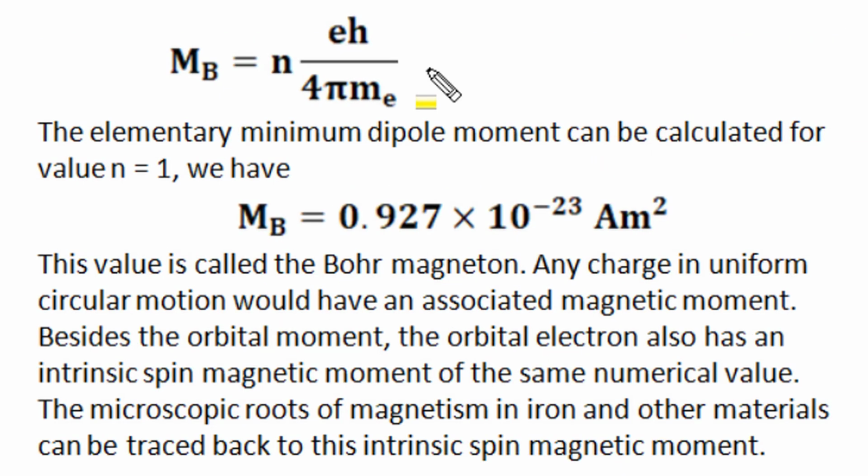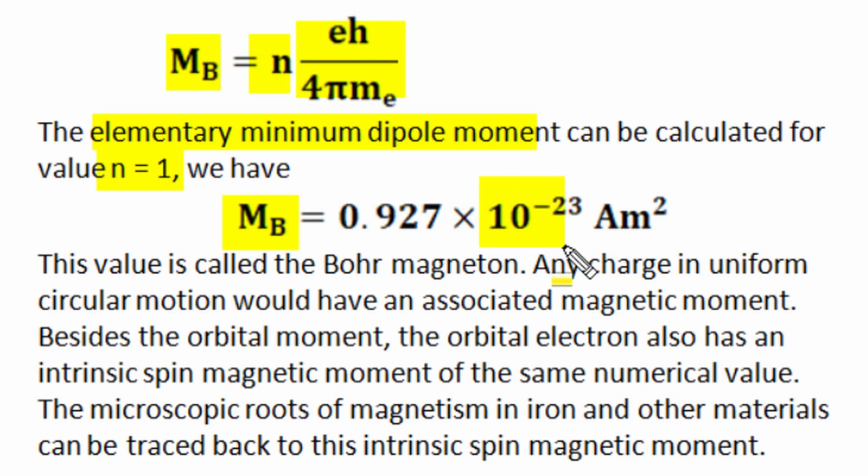As per Bohr hypothesis, the magnetic dipole moment of an orbital electron in the nth orbit is n times eh upon 4 pi me, and for the elementary minimum dipole moment we can substitute the minimum value of n in the first orbit, n equal to 1. When we substitute n equal to 1, the elementary minimum magnetic dipole moment comes of the order of 10 to the power minus 23, and the unit is current into area, ampere meter square.